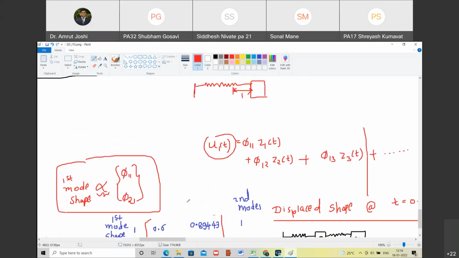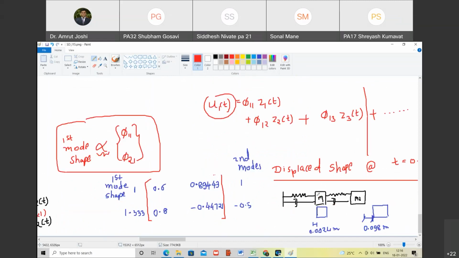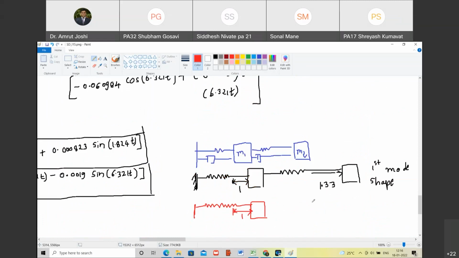What happens to the second spring? Now the second mass comes closer by 0.5. So this mass, instead of going towards right, moves towards left by 0.5 amount. This is 0.5. Are you with me?